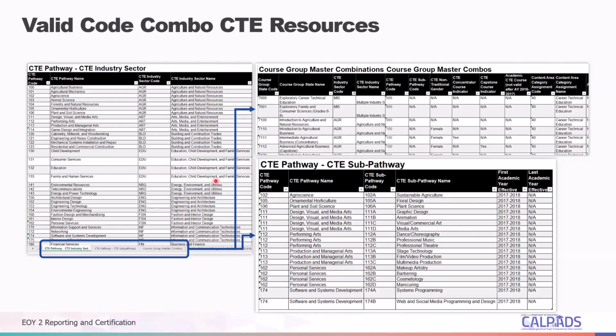Then there is some information wherein the CTE may have a sub pathway. There are some CTE pathways where you have a sub pathway. So LEAs must determine the specific pathway that a student is enrolled in.